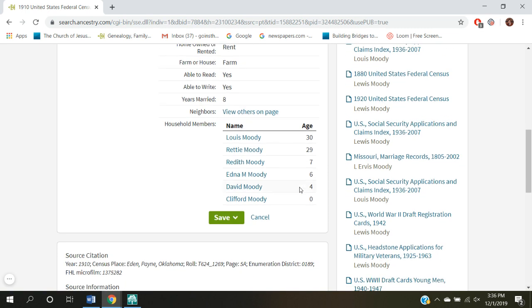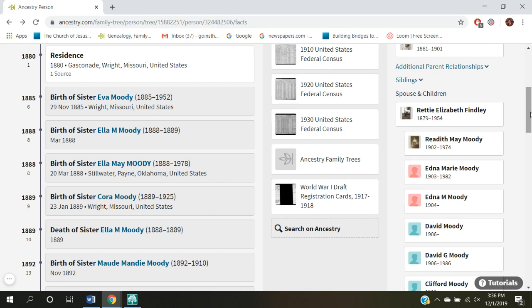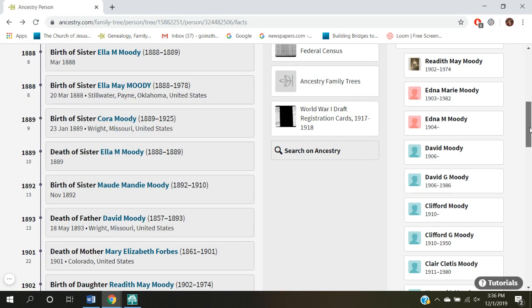And here we notice, even though their names are misspelled, Redith Moody is there, Edna, David, and Clifford. Now I'm going to go back to the family tree. And I see there's a Redith, Edna, David, and a Clifford here between 1902 and 1910.